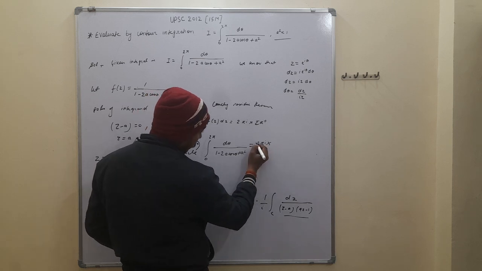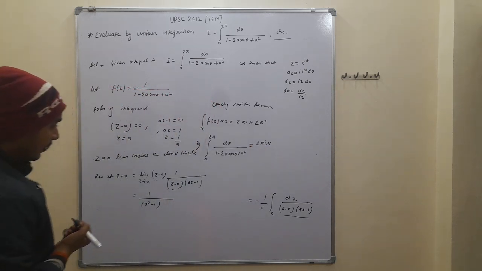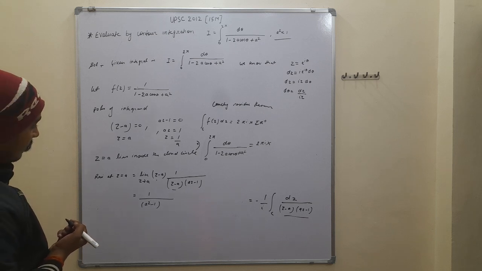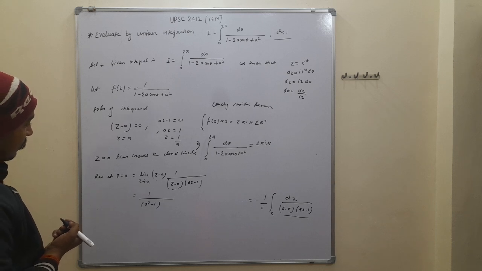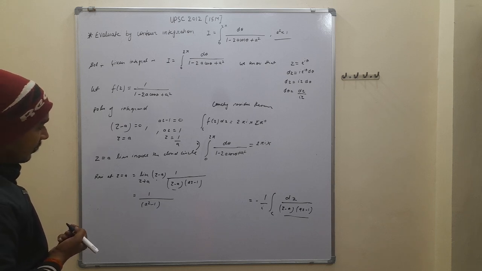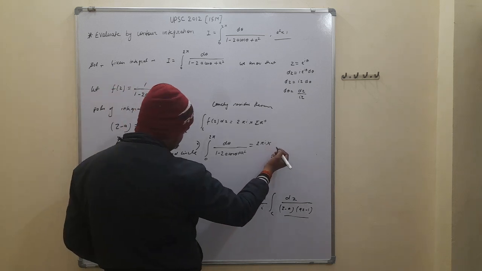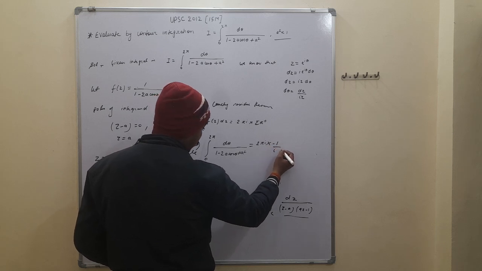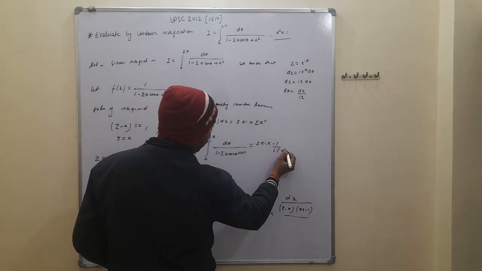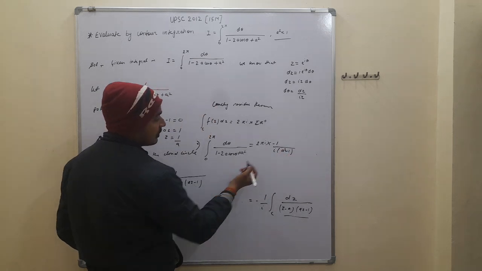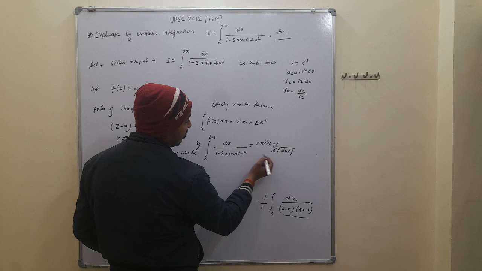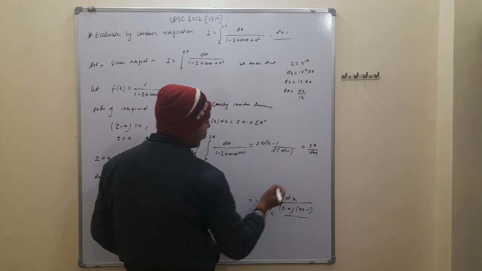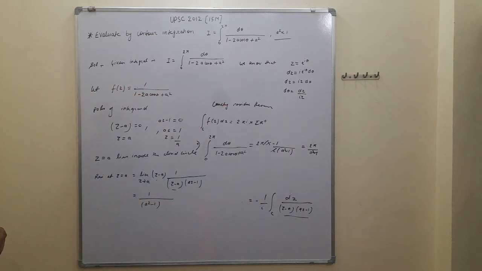Once again, we have to take minus common, this is given by minus 1 upon i into a square minus 1, and from here i to i is cancelled out, and the remaining is 2 pi upon a square minus 1, minus 1 is missing once again.